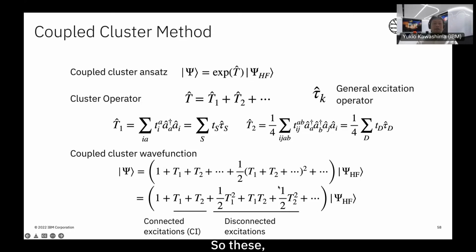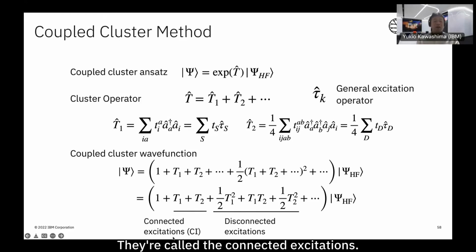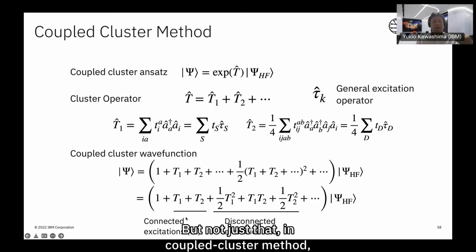So we have these terms. The 1 plus T1 plus T2, the first terms, T1 plus T2, are exactly the same as what we saw in configuration interaction. They're called the connected excitations. But not just that, in the coupled cluster method, we have these higher order terms, which are called the disconnected excitation terms.